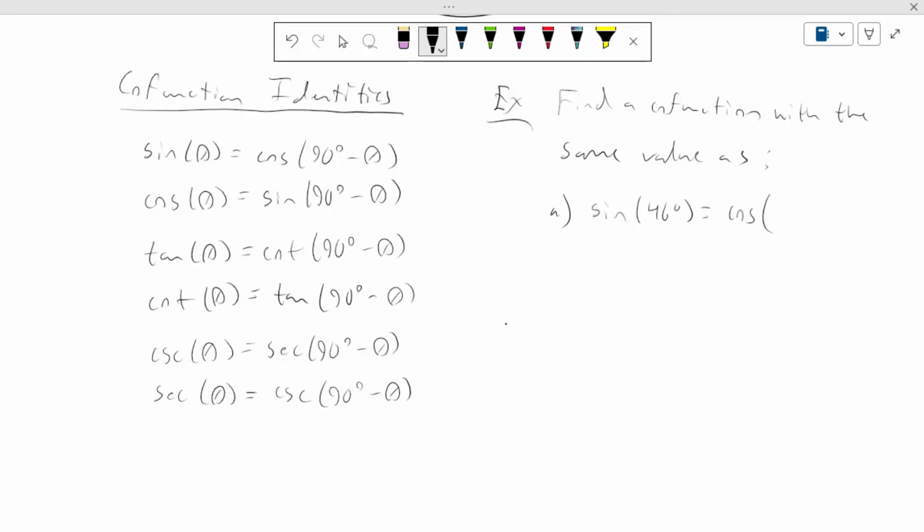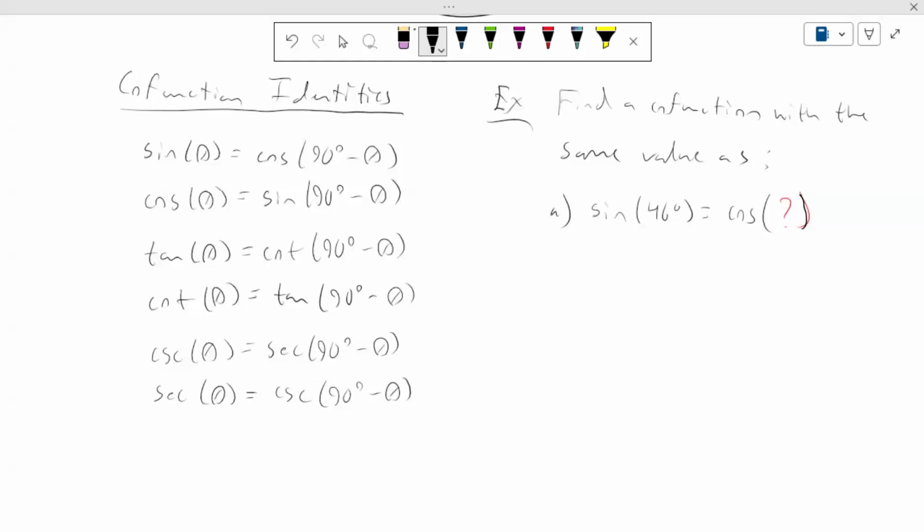We want to know what angle we have to plug in over here. What angle needs to go inside of cosine in order to give us the same value there? Oh, it says find a cofunction with the same value as sine of 46 degrees.